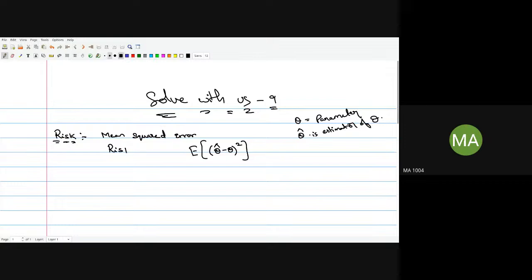So this is called risk, and this is how we denote it. Okay, so this is what risk is, and we also have bias.